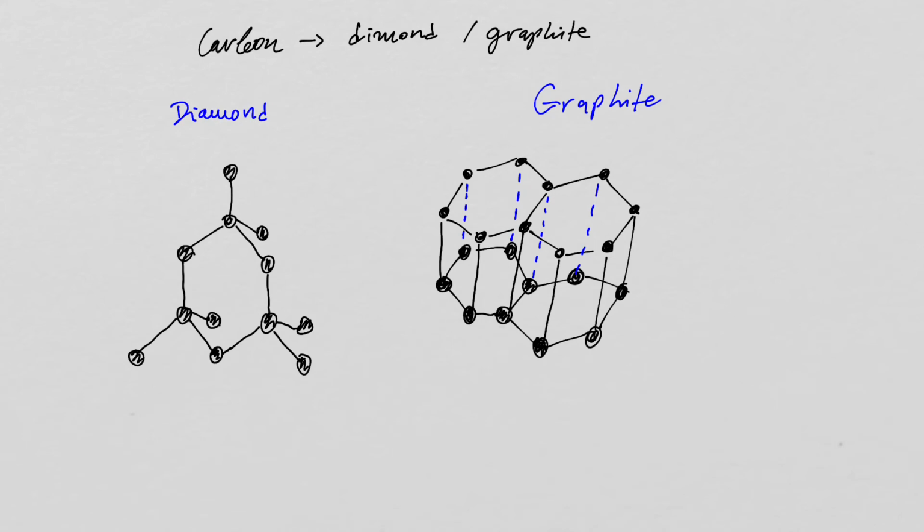And so that makes it very easy to cleave the planes from the lattice of the graphite, because these bonds are weaker and are easy to break.